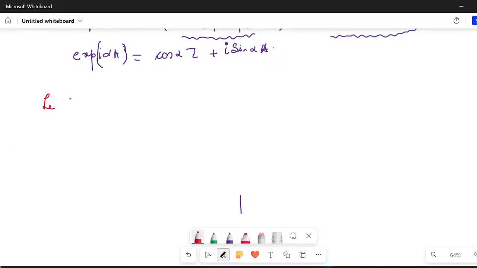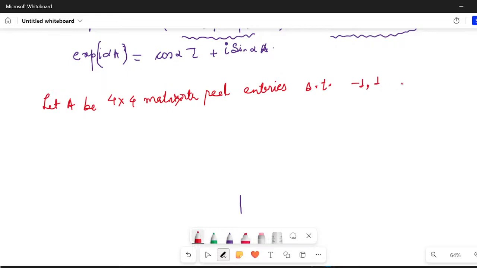So let A be a 4 cross 4 matrix with real entries such that -1, 1, 2, -2 are its eigenvalues.